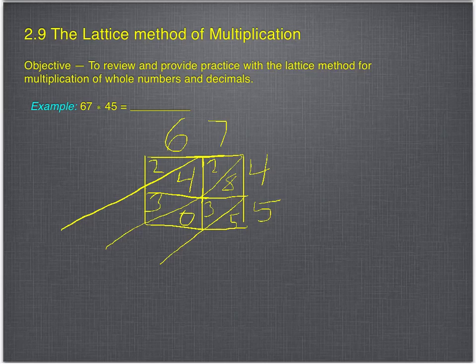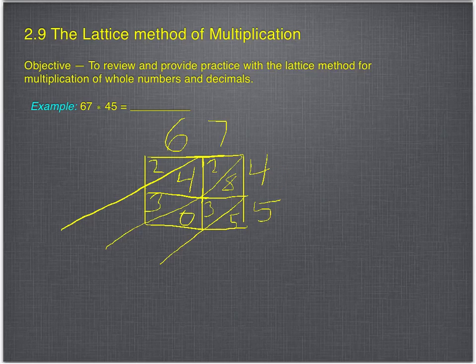Now, one of the things I want you to be aware of is I'm just doing my basic math facts with lattice. That's one of the advantages it has. I'm doing 7 times 4 and 6 times 4 rather than 67 times 4 and 67 times 5. I'm not doing that. I'm doing just the basic math facts. I don't have to memorize larger numbers.